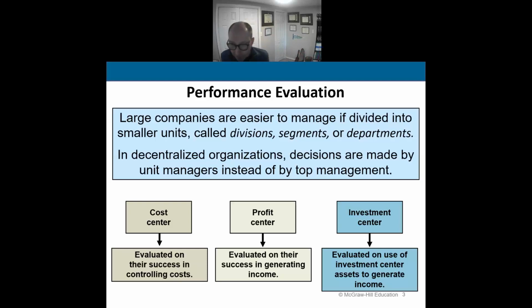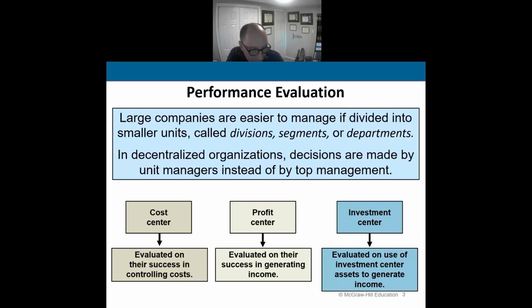Then we have what we call profit centers. And of course, they're tasked with generating income. The profit centers, and using our example of the hotels, a profit center in a hotel, that's the sales department. That's the front office.